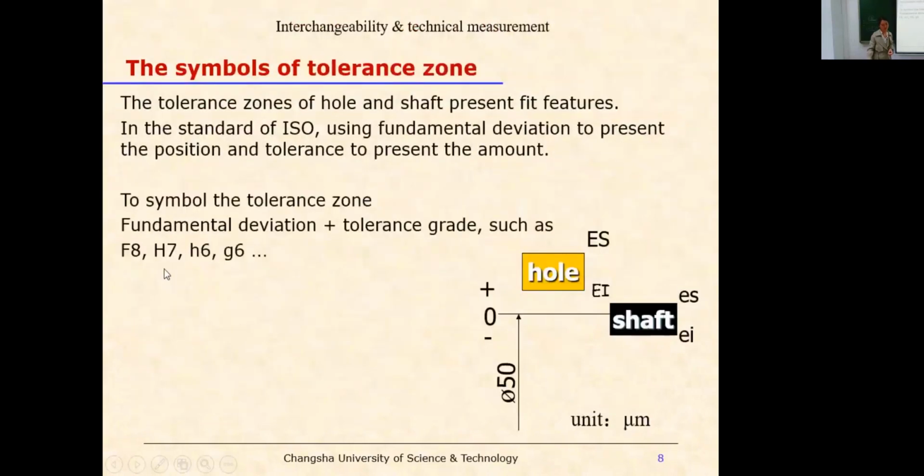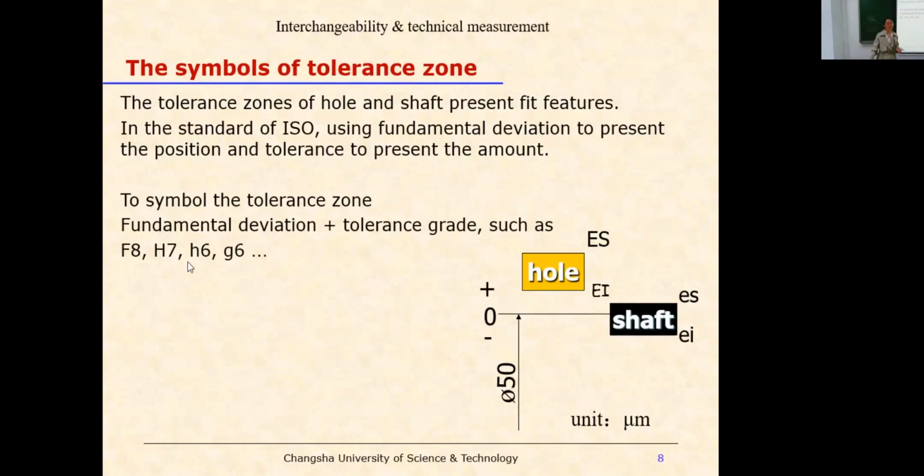And H7, its lower deviation is the zero line. Yes, it's the 0 line. Good. This is 0. This is the basic hole. And shaft h6, yeah, its upper deviation is 0, right?